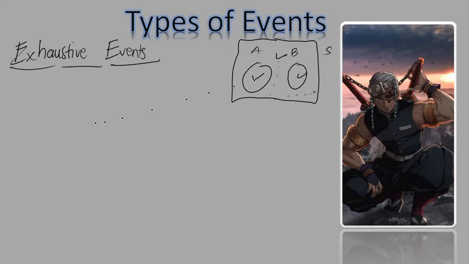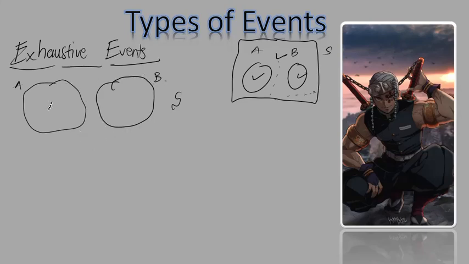However, for exhaustive events, these two events are the whole sample space. Something exists either in A or in B and nowhere else. You don't need the box outside.